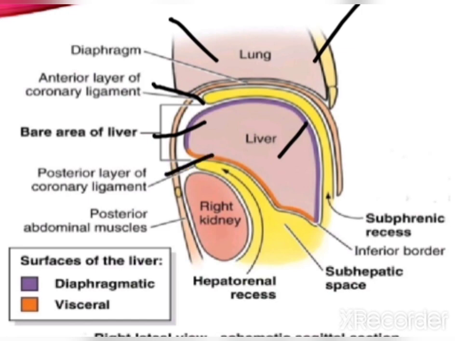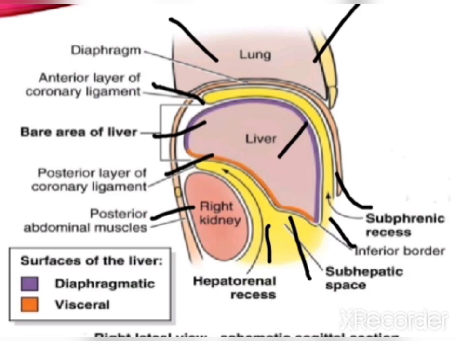Then the posterior abdominal muscles downwards, and there are the subphrenic recesses. This is the inferior border of the liver, and the subhepatic space and hepatorenal recess. So these are the various spaces and recesses.